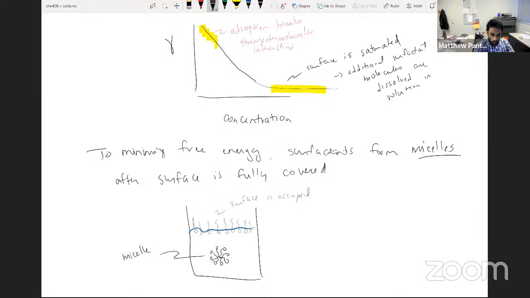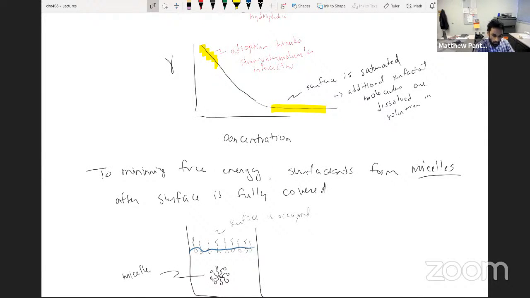Okay, so going back to this diagram up here, this point at which we see the surface tension stop decreasing in a linear way, we call this the CMC, or critical micelle concentration. We can directly measure surface tension or surface energy of a liquid, specifically of water.